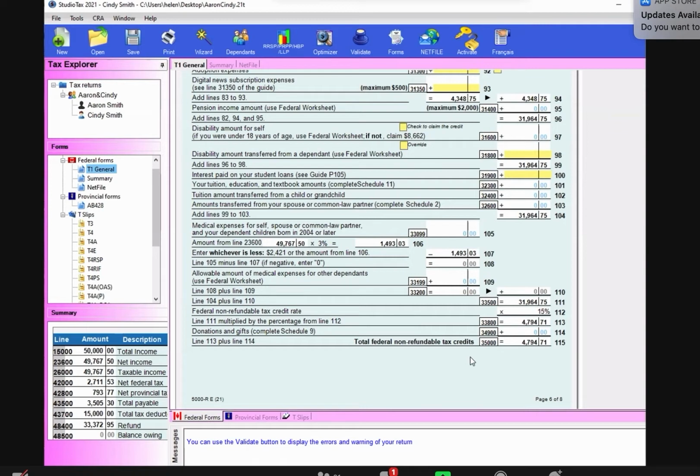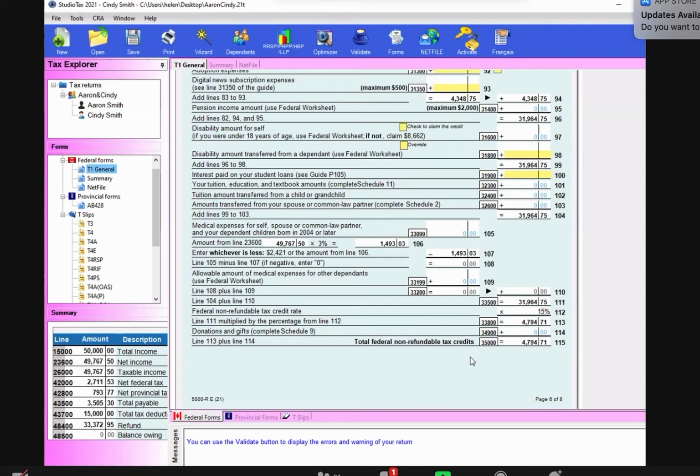Yes, ma'am. You see, they are reduced by 3%. That means the medical expenses are reduced by Jackson's net income. So if you put it on Cindy, it is reduced by Jackson's net income.